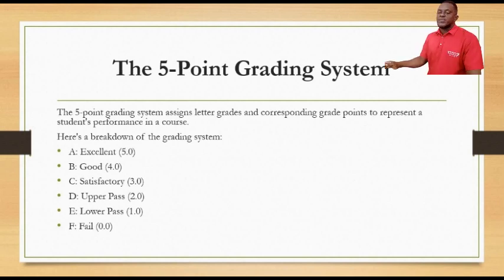So that simply means that in our grading system, in the university system, we have basically 6 grades: A, B, C, D, E, and F. F standing for fail, and A is the excellent grade, which in most universities, if you score 70 points in your course, you will register an A.